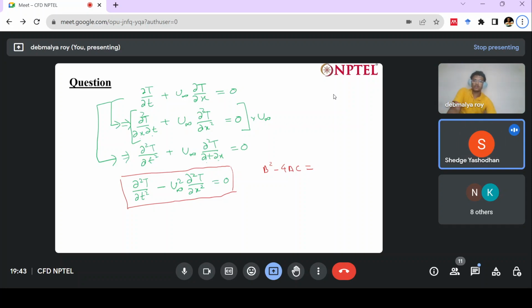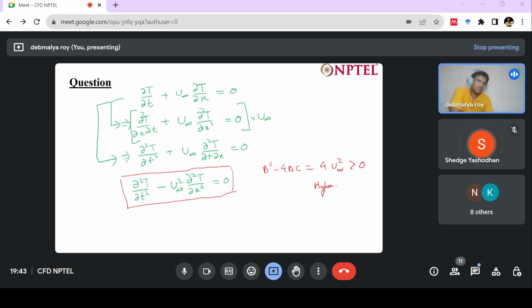So B is 0, and A, if we take 1, and this is minus u infinity square, so 4 into, and this minus will cancel, this will become 4. So this is greater than 0, right? If it is greater than 0, what kind of an equation is this? Hyperbolic. This is a hyperbolic.